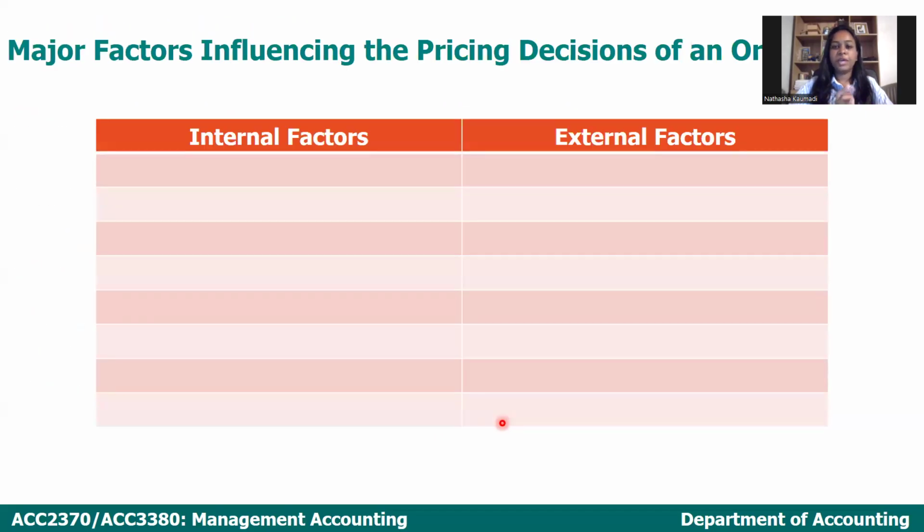Right. Okay. So before moving on, there's one table, right? Since this is an online lecture, while listening to this recording, you can answer this question. My question is, what are the major factors influencing the pricing decisions of an organization?